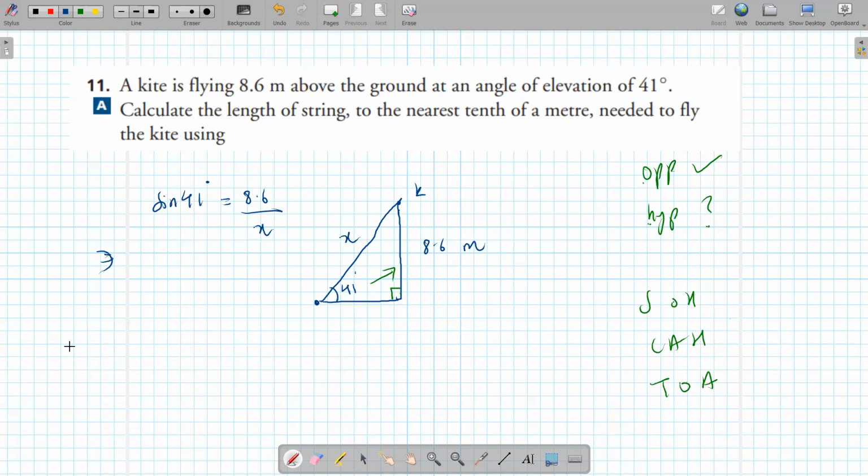How do we solve this for x? You multiply by x. And remember, sine 41 is just a constant. So you can multiply by x on both sides. So you get x times sine 41 is equal to 8.6. Now what?